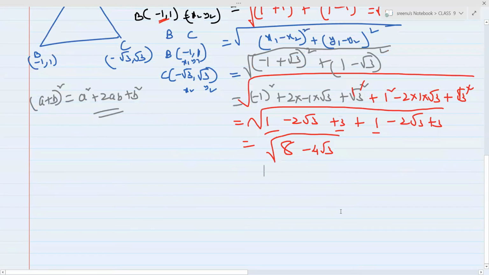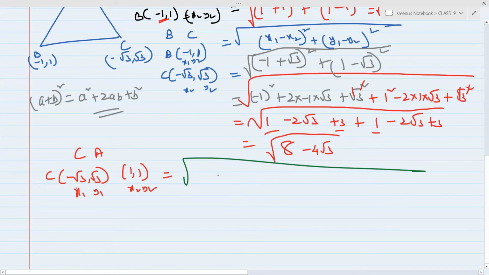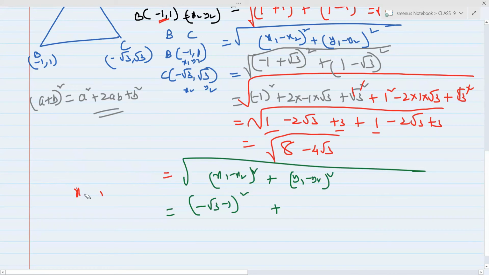Now the last one, CA. C is (-√3, √3), A is (1, 1). Take them as x1, y1 and x2, y2. The rule is the same: x1 minus x2 whole square plus y1 minus y2 whole square. Here I will make a small change: instead of CA, I will do AC.